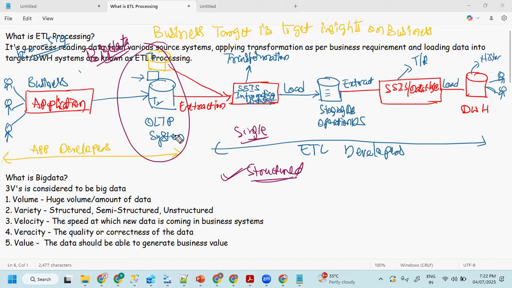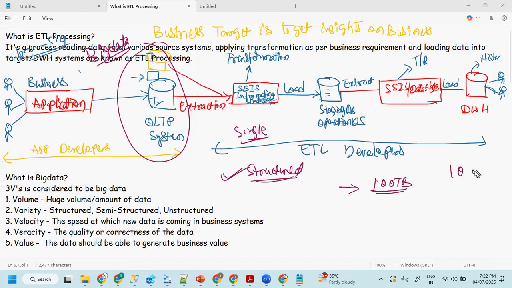And we cannot store a massive volume of data here. So what does massive volume of data mean? It all depends on your requirement. If your system size is 100 TB, then you can store only 100 TB. You cannot store more than that. If it is more than that, then with respect to your system, that is big data.